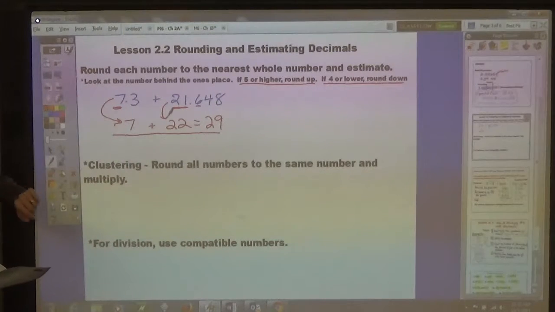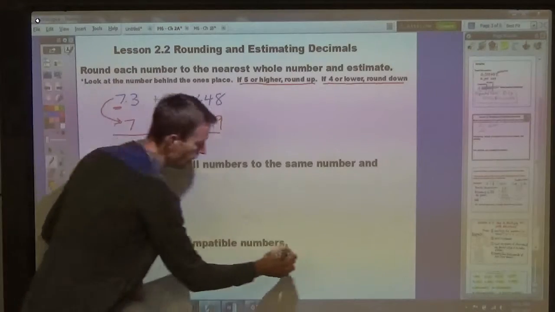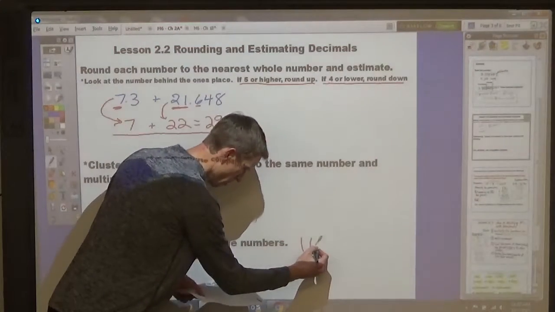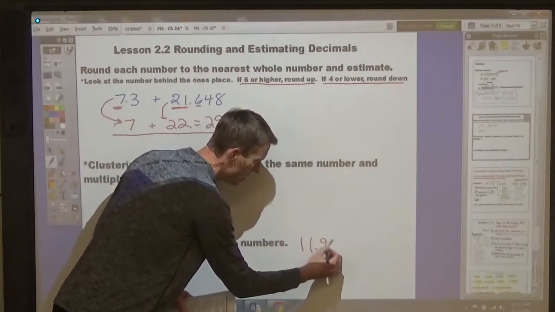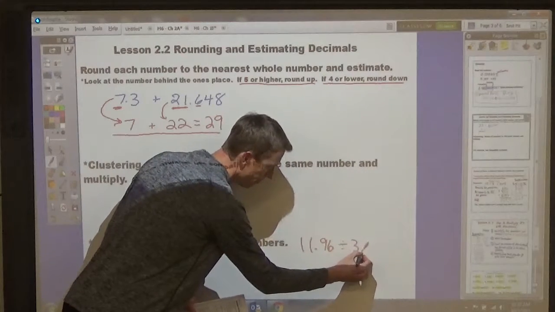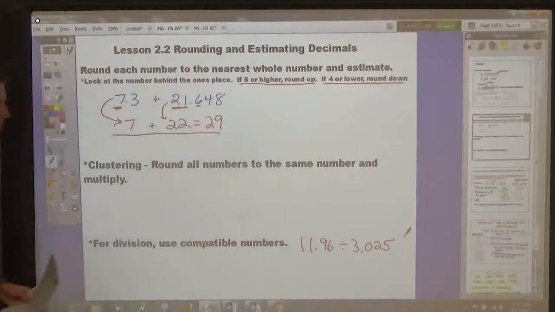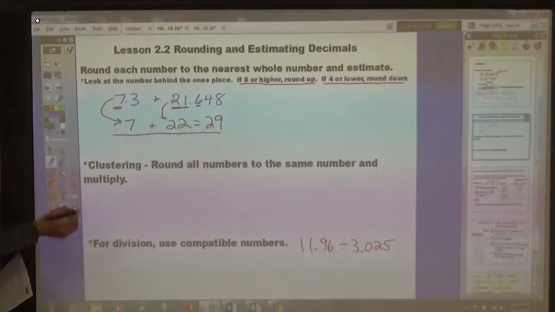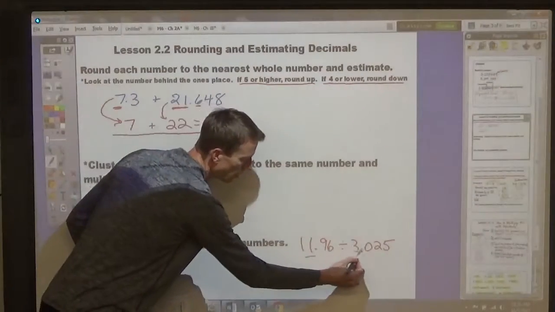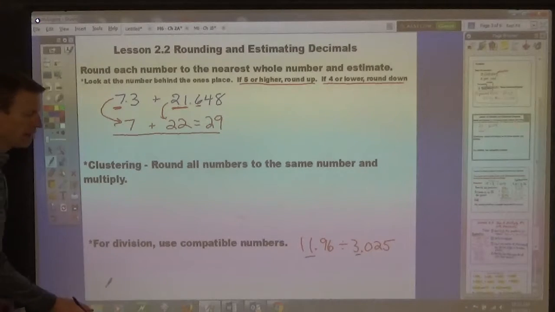Now, let's say that we have to round a division question, like number 2. 11 and 96 hundredths divided by 3 and 25 thousandths. When you look at the first numbers, 12 and 3, yeah, we could find two compatible numbers by rounding them to 12 and 3.